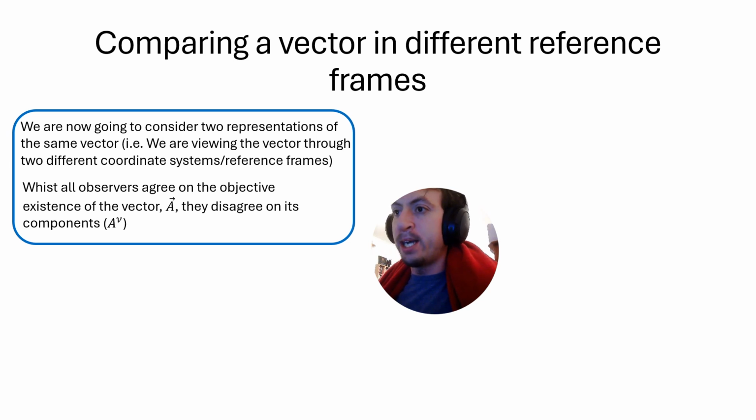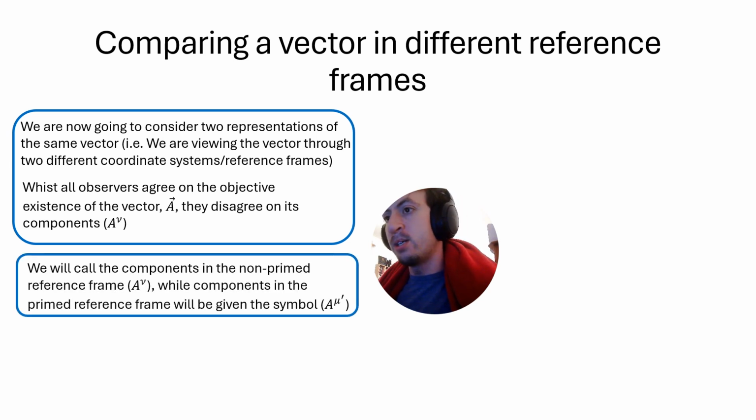And we want to see how we transform that to the μth component of A, but in the prime coordinate system. So we're going from a component of one coordinate system to the component in another. We're going from non-prime to primed.